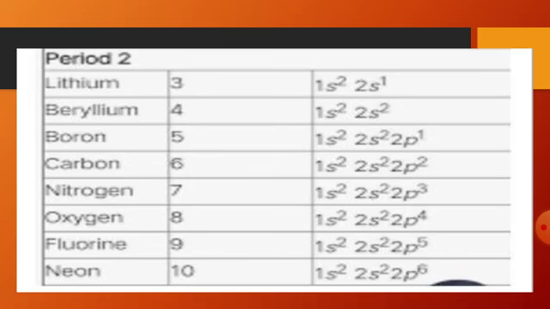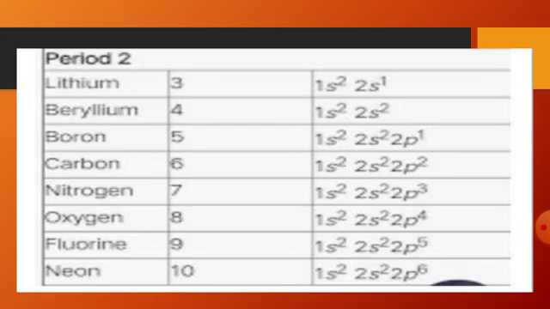Oxygen, atomic number 8, its electronic configuration 1s2, 2s2, 2p4. Fluorine, atomic number 9, electronic configuration 1s2, 2s2, 2p5. Neon, atomic number 10, its electronic configuration 1s2, 2s2, 2p6.